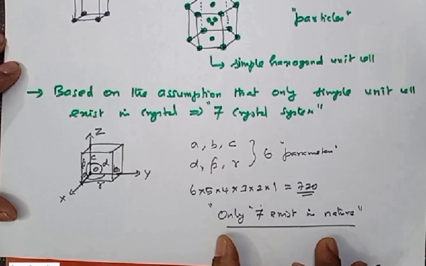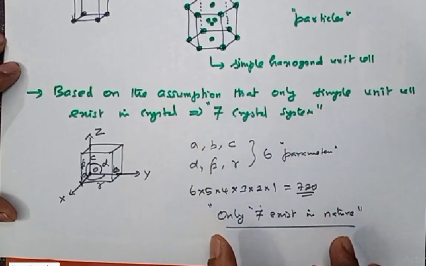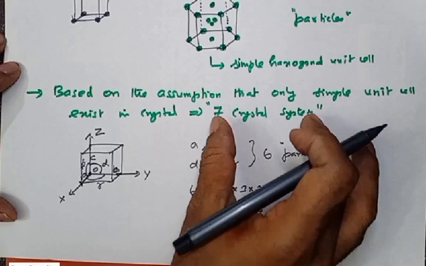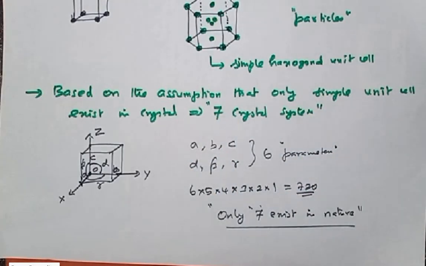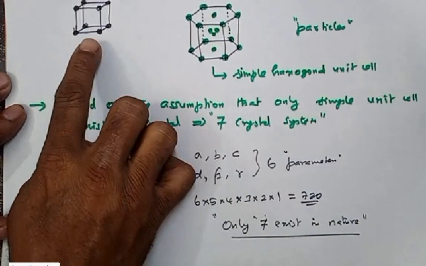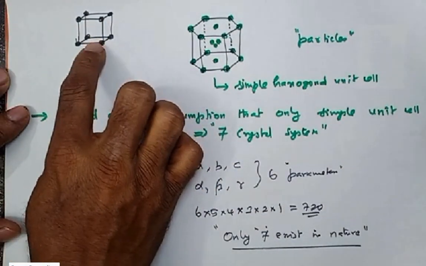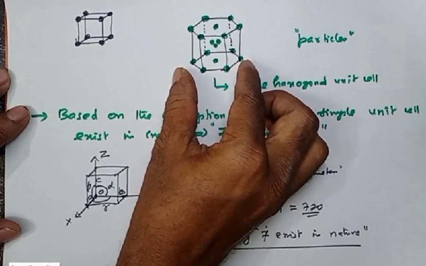Those 7 different types are called the 7 crystal systems. Okay? So usually in a cubic unit cell, if only corners are occupied, it is called a simple unit cell. But this is an exception.